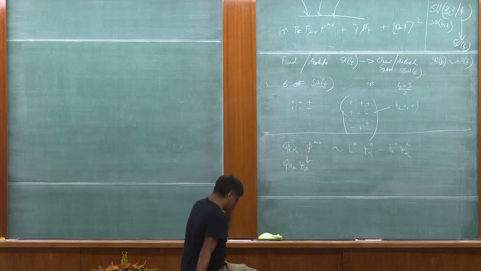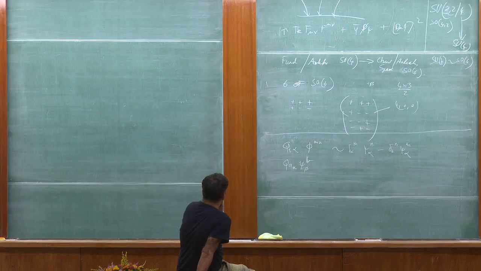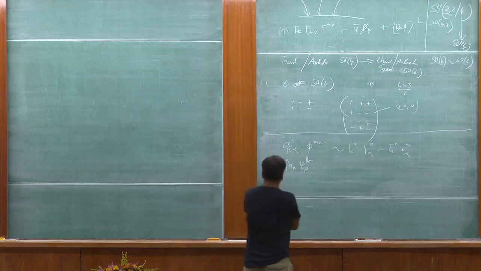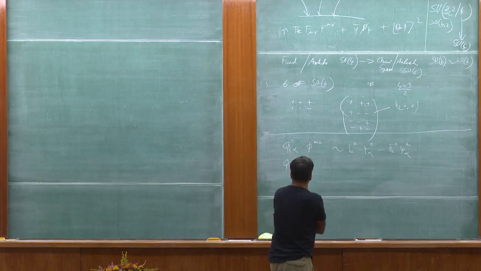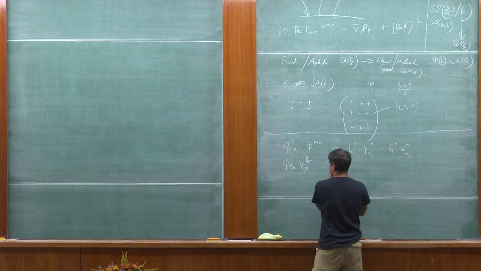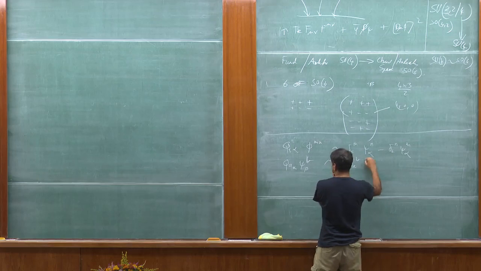I'm getting confused about indices. Could be a delta AB F alpha beta.